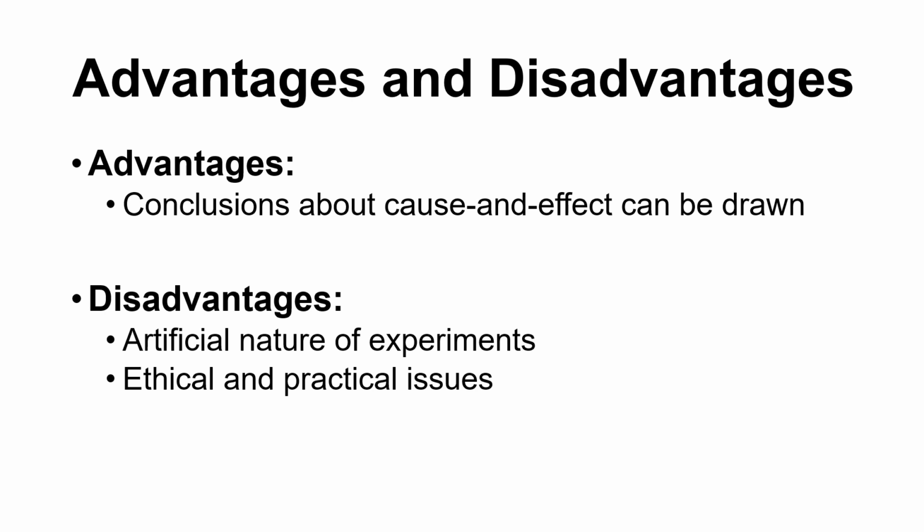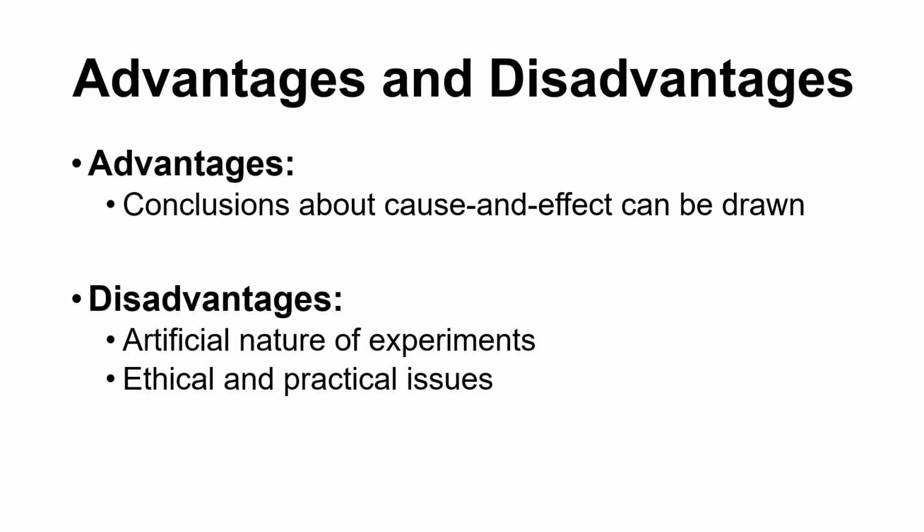With experiments, a lot of these are going to be conducted in a controlled environment, which can be good because it's helping us control those extra variables, but it can lead to an artificial environment. So it might be hard to generalize our conclusions from an experiment conducted in the lab to something useful that we could apply in the real world.